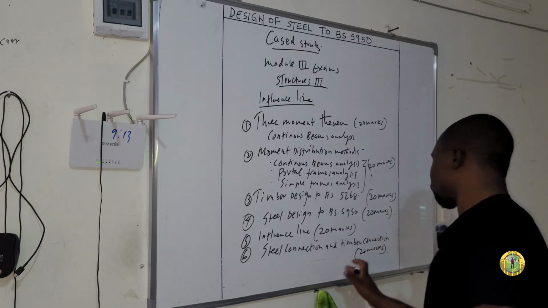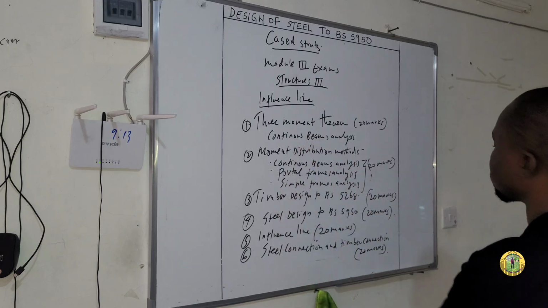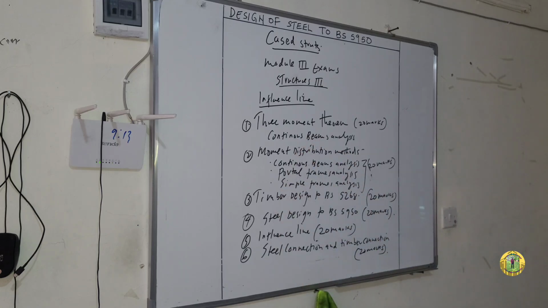So for you as a student, it is not necessary that you know all of these topics. You can specialize. Specialize means you can choose topics which you think are friendly to you and are easy or somehow easy for you to understand and comprehend.